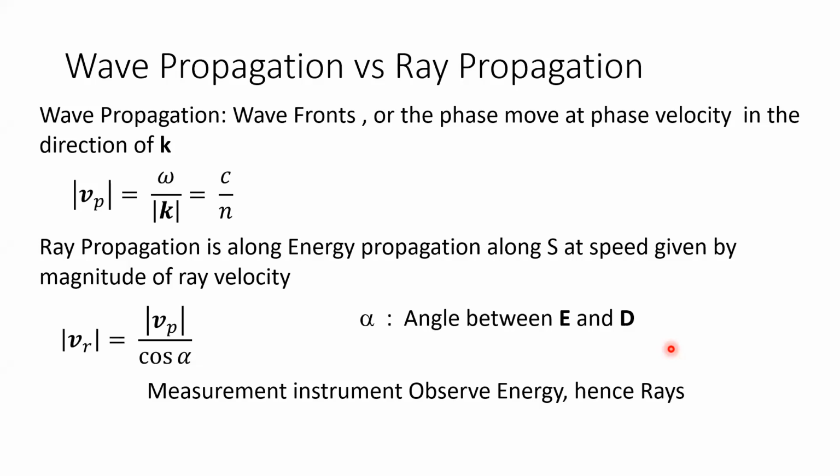You observe how much energy is falling with what is the frequency of that energy per unit area, per unit time. Okay. That is the intensity of light. Okay. So our instruments which observe light, all those instruments, they are responding to ray. Got it? That's very important.